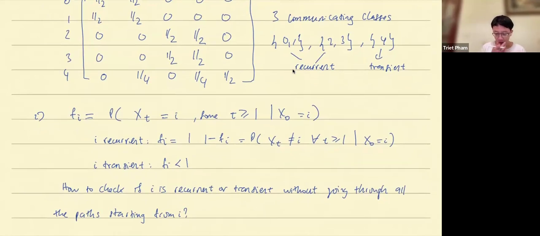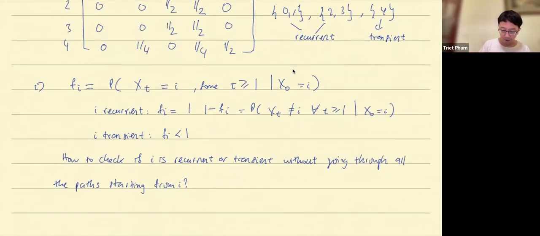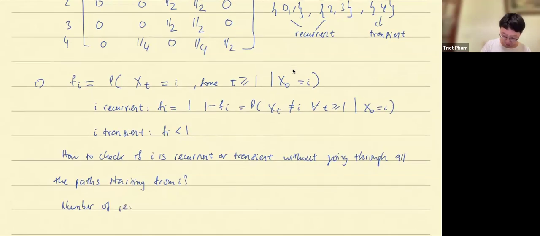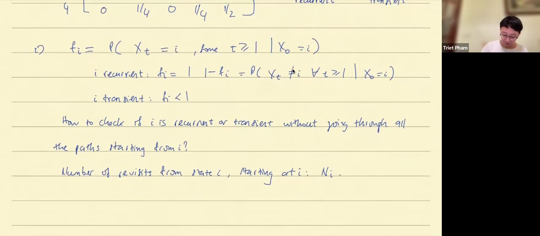And so here we have the idea of what's called a number of visits, or let's say number of revisits. Let's call this n sub i.